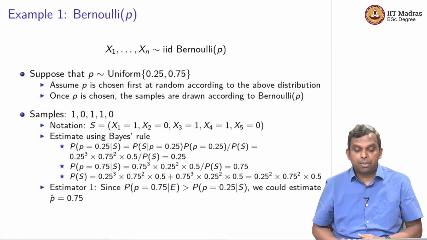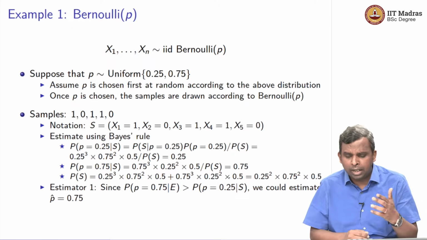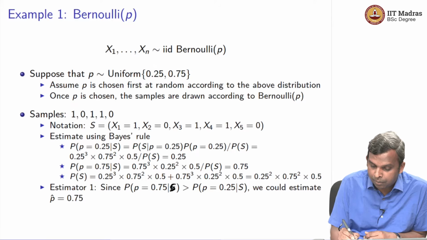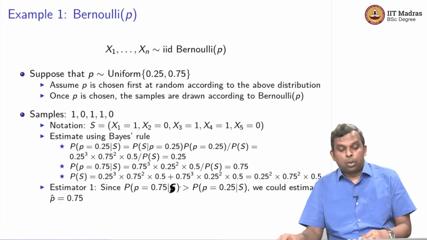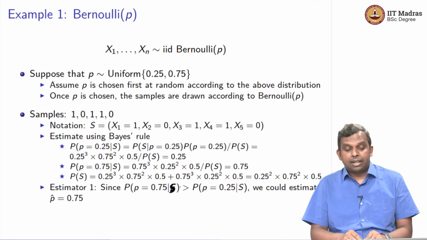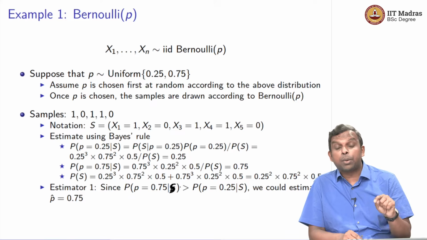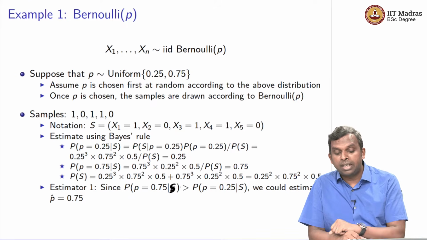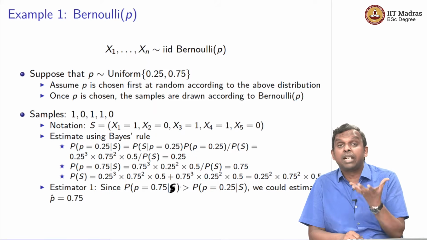Now, what do we do for estimation? One estimator, okay, so I made a mistake here, sorry about that, this should be S. Okay, I hope it's clear. So, one way of doing an estimator is, I will compare these 2 probabilities. What is the probability that P equals 0.75 given S, and what is the probability that P equals 0.25 given S, which is bigger?